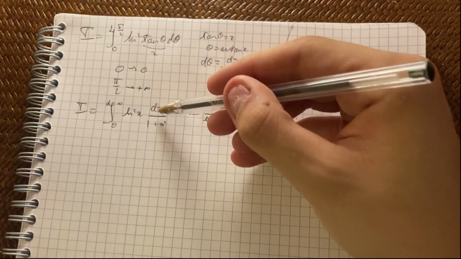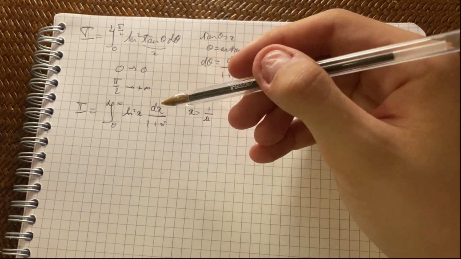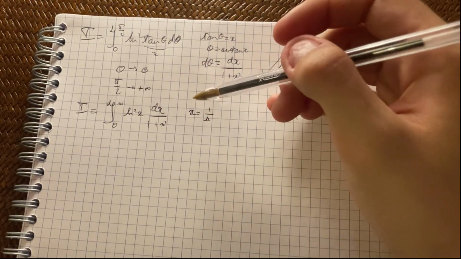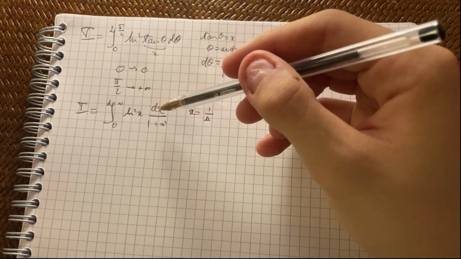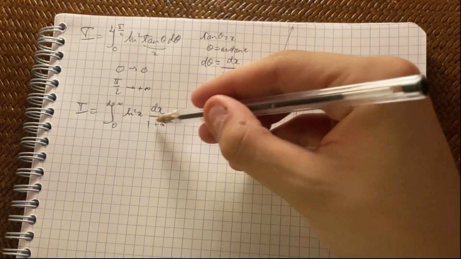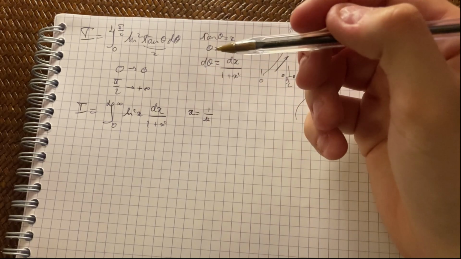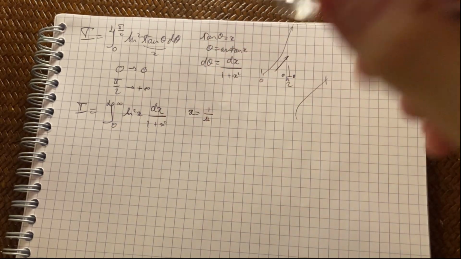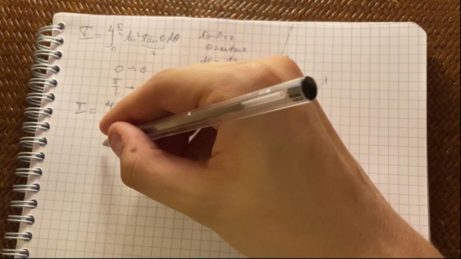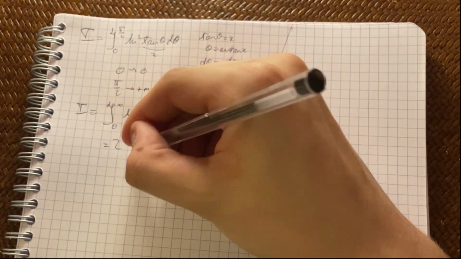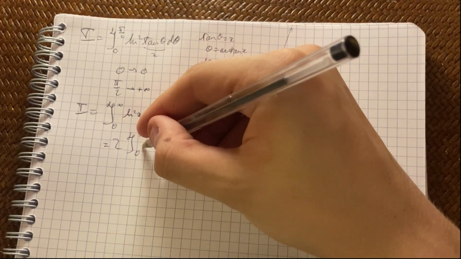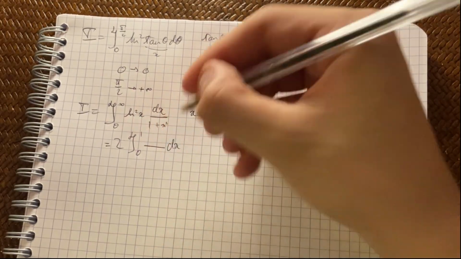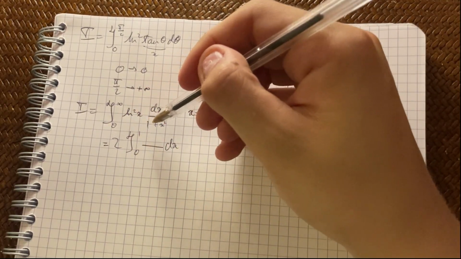And when we have the inverse of a polynomial, especially one of the second degree, this substitution may save you. If we try this, we can prove that this integral is exactly twice the integral from 0 to 1 of the same function, dx, logarithm squared x over 1 plus x squared.